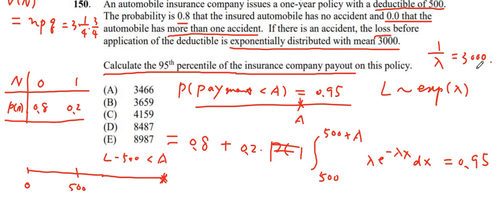Okay, here's 0. So if the payment is 0, it's always okay. So here we should be careful: payment of 0 is always less than A, and then also include this part. So actually the integration lower bound can start from 0. We split it into two parts, from 0 to 500, then plus 500 to this cut point, right?